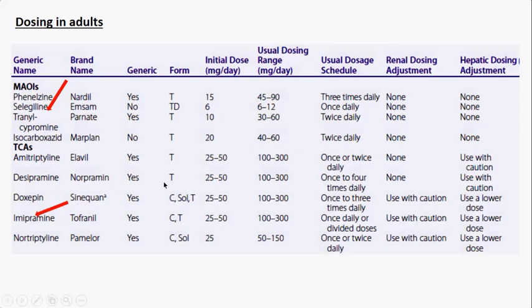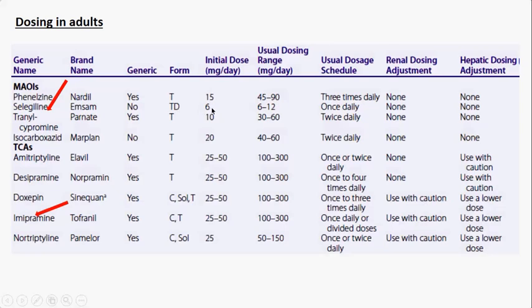So for example we have selegiline, which is one of the drugs belonging to the monoamine oxidase inhibitors. This drug is available as a transdermal, okay طلاب, TD for transdermal.